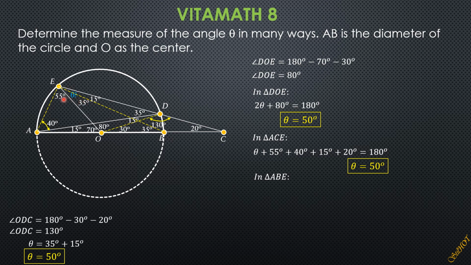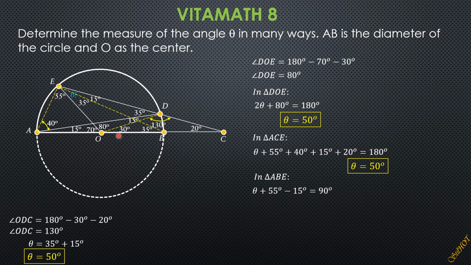That is 55 degrees plus theta minus 15 equals 90 degrees. This angle between the yellow chords. So theta plus 55 degrees minus 15 degrees must be equal to 90 degrees.